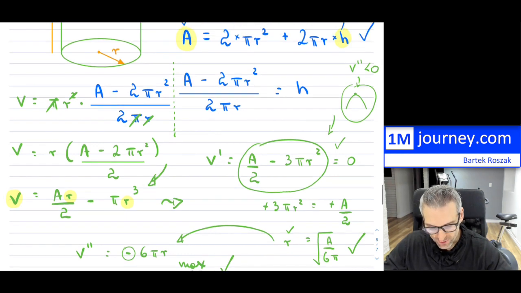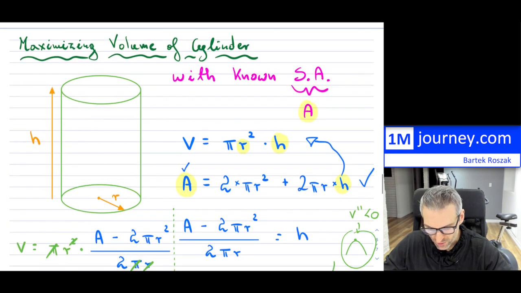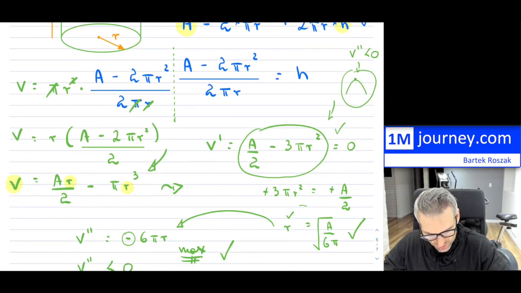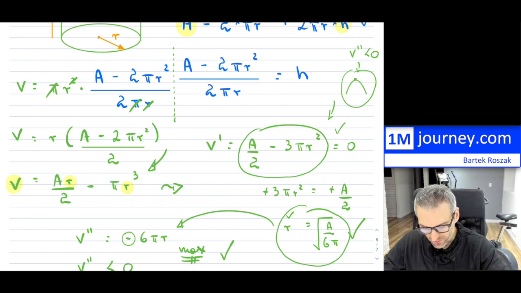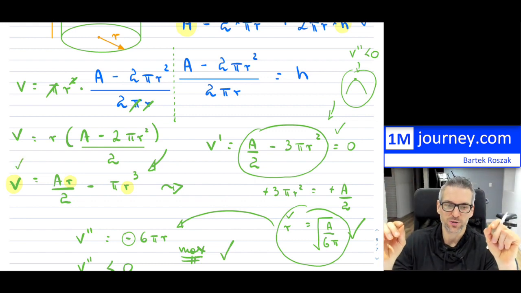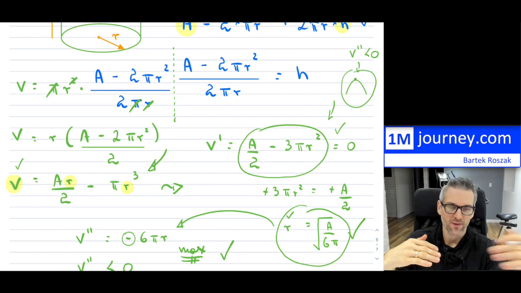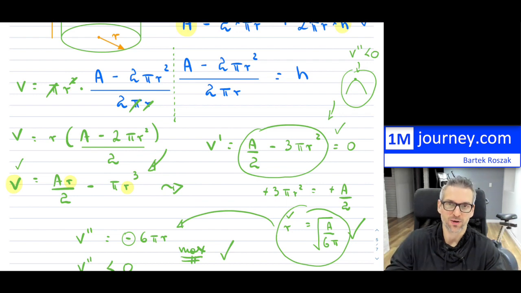Now, if you're trying to maximize this volume, you obviously would have to substitute this back into the volume formula, to see what that volume would be at that point. But I'm going to leave that with you. That's just a matter of substitution, and then there is your volume. If somebody gives you the value of the surface area, then obviously you can get a number out of it.